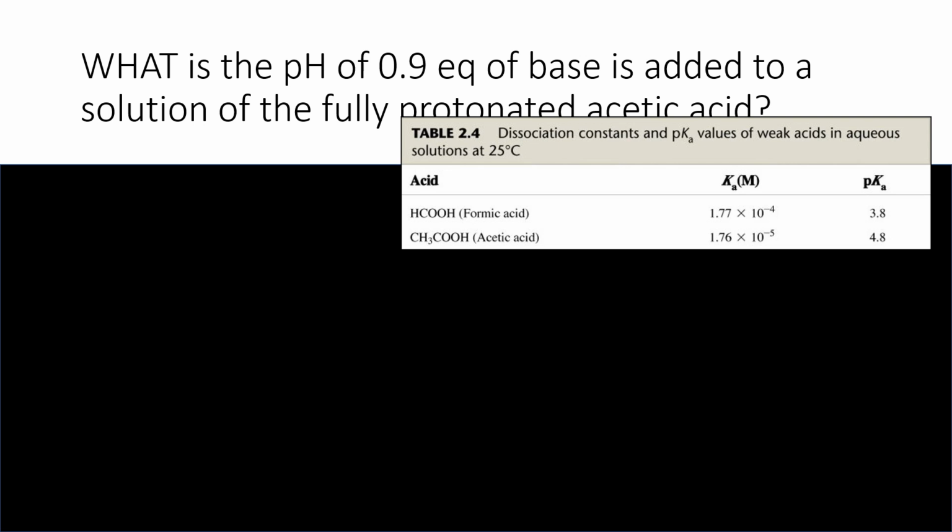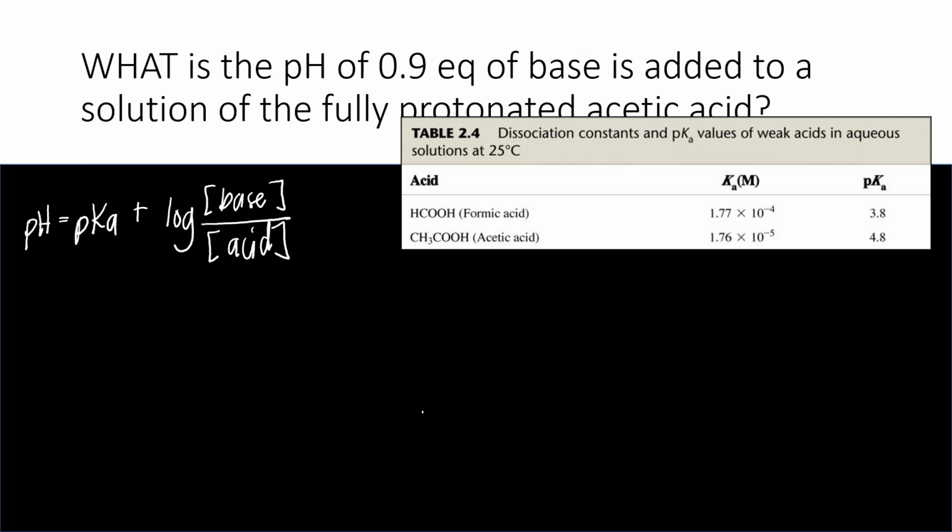What is the pH of 0.9 EQ of base when it is added to a solution of the fully protonated acetic acid? So we start with the Henderson-Hasselbalch equation. We have pH is equal to pKa plus logarithm of base over acid.